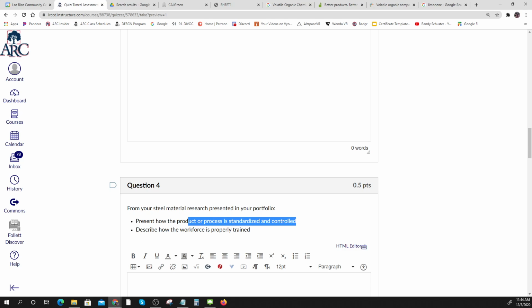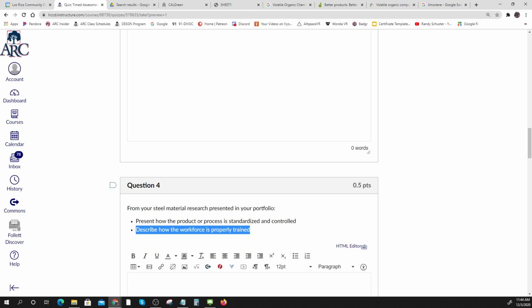And then, how is steel process standardized and controlled, and how is the workforce trained? Again, this is straight from your thing, but these are the high points. These are the things that, in my opinion, are the most important items for you to have soaked in from your work. And look, if you feel that your portfolio was a little light, you can add information.